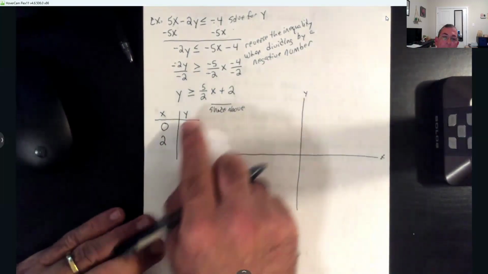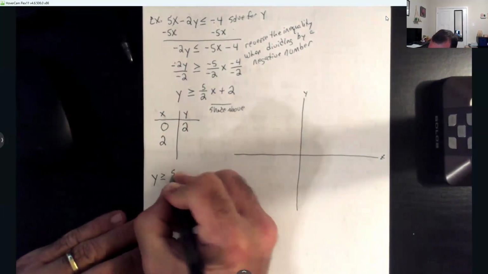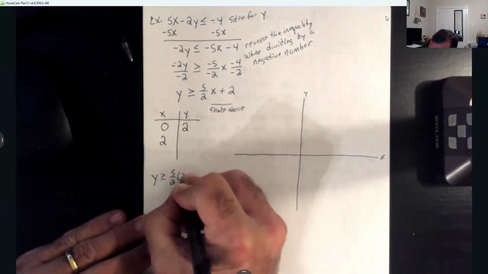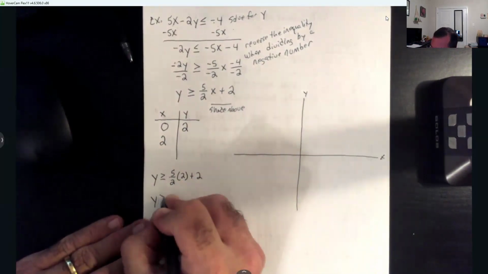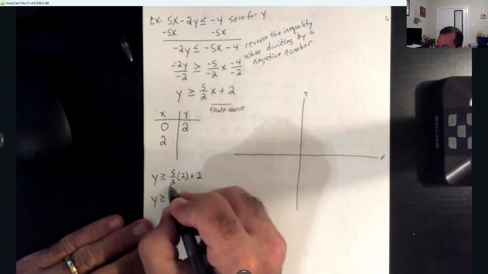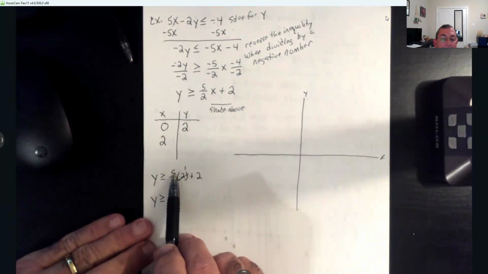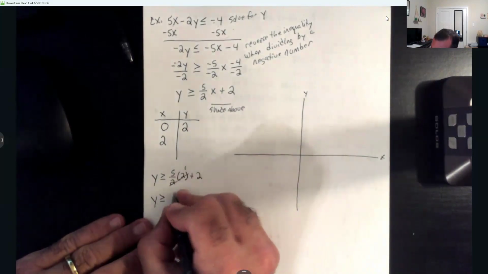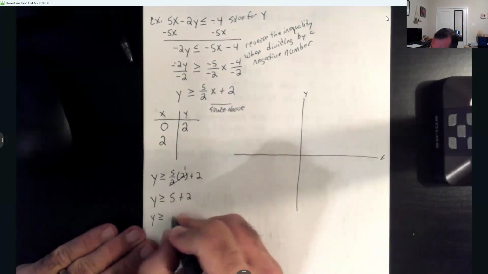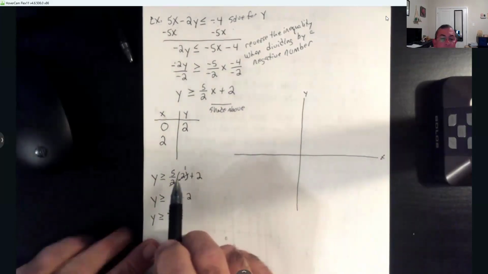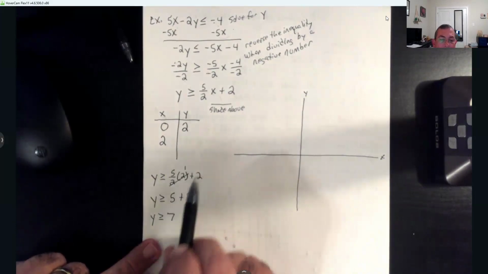Now for the 2, I'm going to plug it in to show you actually what's happening. So that comes down. The reason I picked 2 is because that 2 divides by 2, making that a 1. So basically, I've got 5 times 1, which is 5, plus 2, which gives us a 7. So if you get rid of the denominator, you're just taking the top and adding, okay?